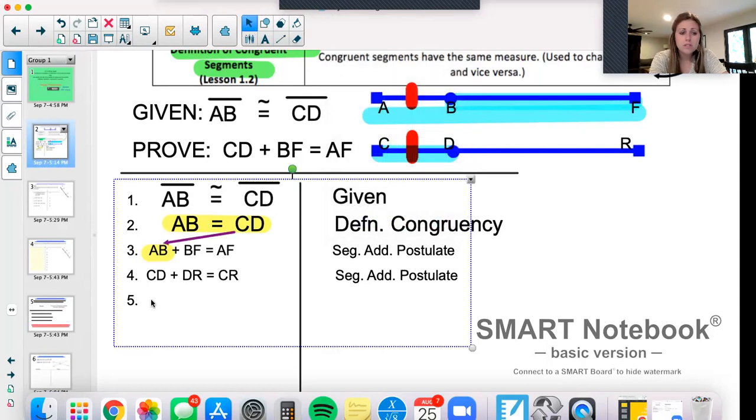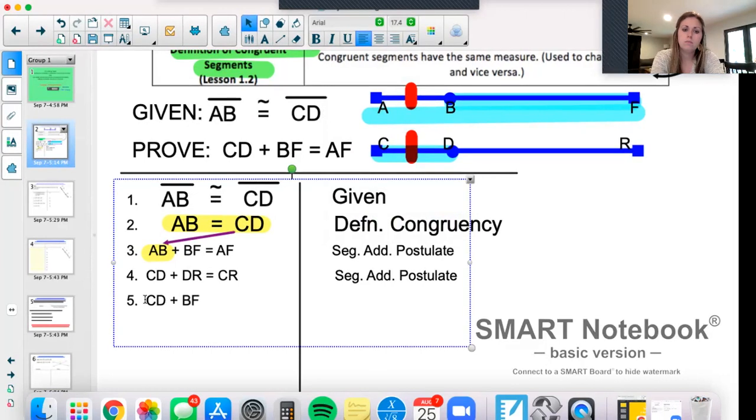Okay, so instead of AB, I'm going to plug in the measure of CD, and I'm going to keep everything else the same. Why? Because I don't have anything else that I can. First of all, there's nothing else up above in my proof that I can pull to substitute. This is it.